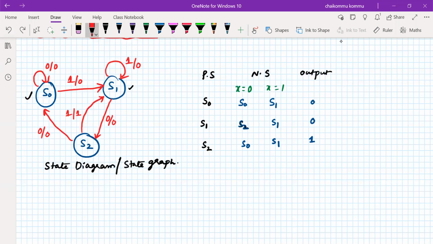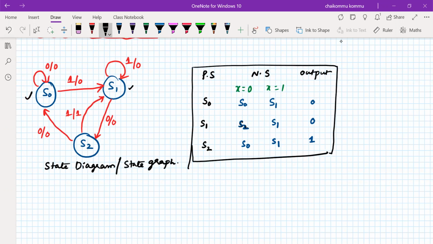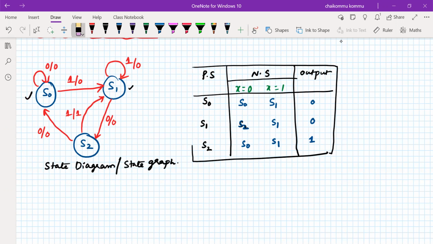Please remember this truth table while we are writing the program.